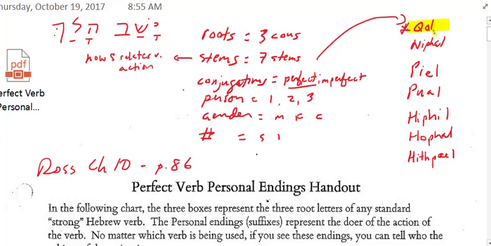Now, within each stem, there are conjugation patterns that relate to how the action is being portrayed. And today, in this chapter, we're learning about the perfect conjugation, all right? And we're going to spend some more time talking about that.